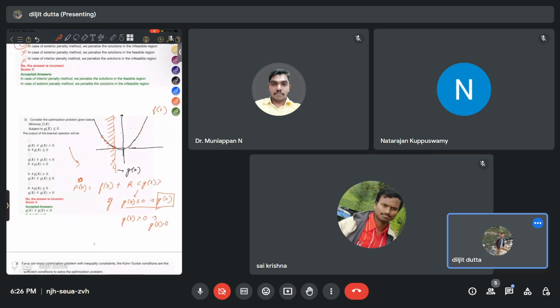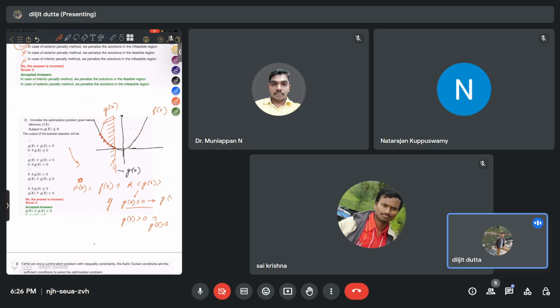Now when we are looking into a less than or equal to constraint, it should be this thing. I'm sorry, I made a mistake here. When g of x is less than or equal to 0, that is, it is in the feasible region, we'll take the value of g of x only.